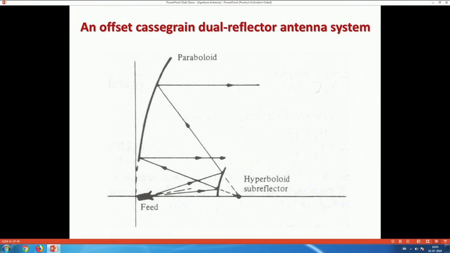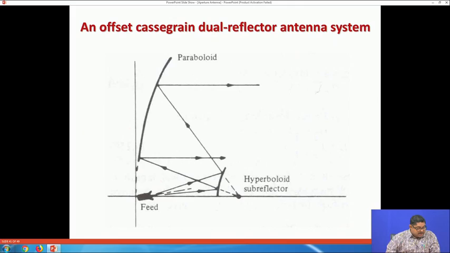So whatever taper I need to give, that means for the side lobe, I can do by playing with the sub reflector, and the main reflector or paraboloid reflector controls the aperture phase distribution. So, that can be controlled independently.